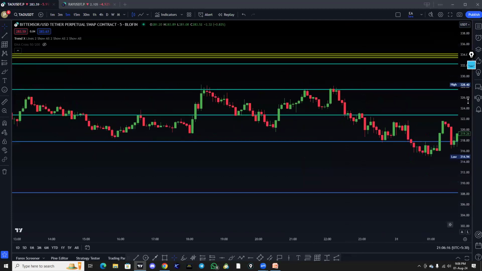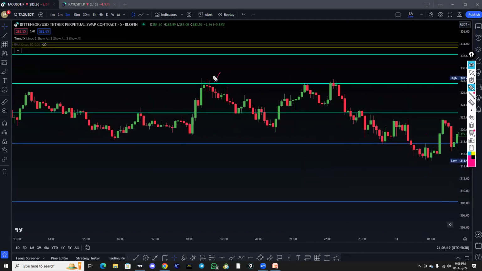Here we are getting more rejections. Correct? So finally you can see these places before a drop here. This is an evening star. Correct? We got one red doji and green doji and a bearish engulf candle.